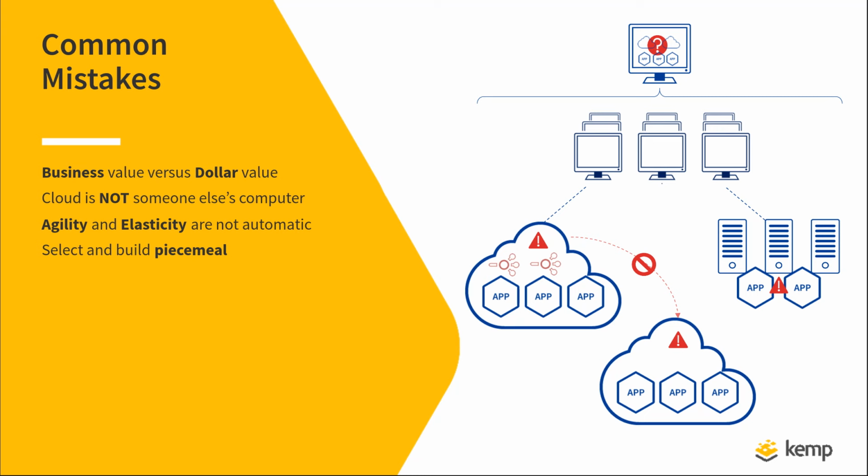And you're not going to get it inherently just because you use cloud technologies. You still need the other technologies that we used in the past, specifically load balancing technologies, to make those cloud benefits happen for you.